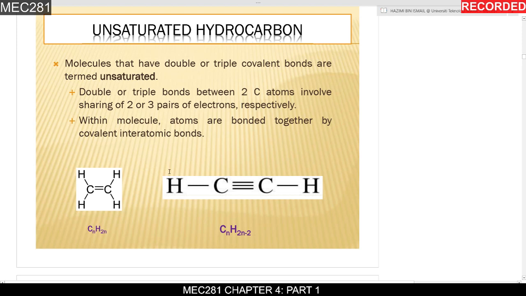So, as an example here, this is the triple covalent bond. This is the double covalent bond. When you have double or triple covalent bonds in that compound, it is automatically considered an unsaturated hydrocarbon.